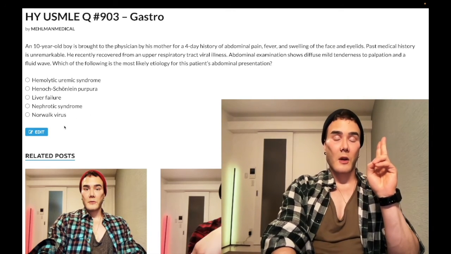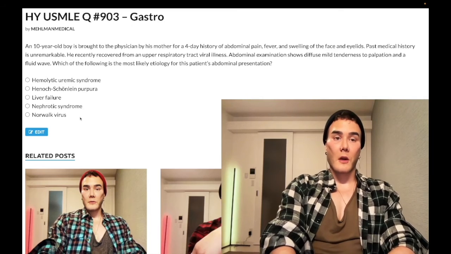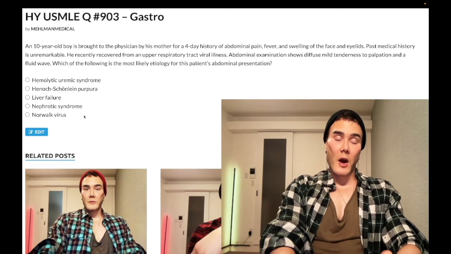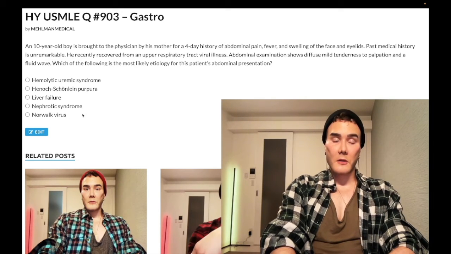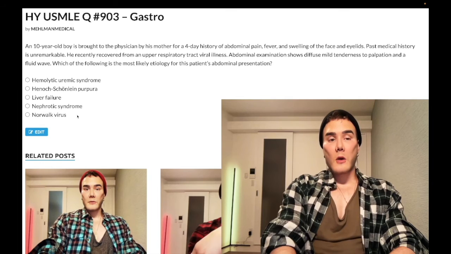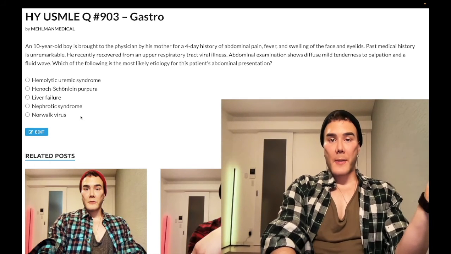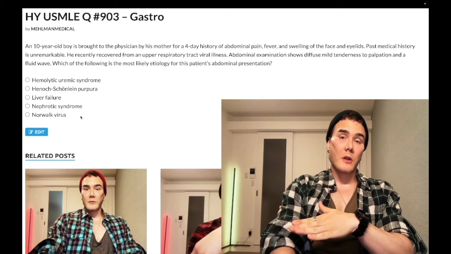So let's just go through the final answer choice here. Norwalk virus, wrong answer. Obviously, just a miscellaneous distractor. When we think of viral etiologies for gastroenteritis in pediatrics, norovirus could be correct if a child has gastroenteritis as well as the family, because rotavirus is what we think of under the age of 5.